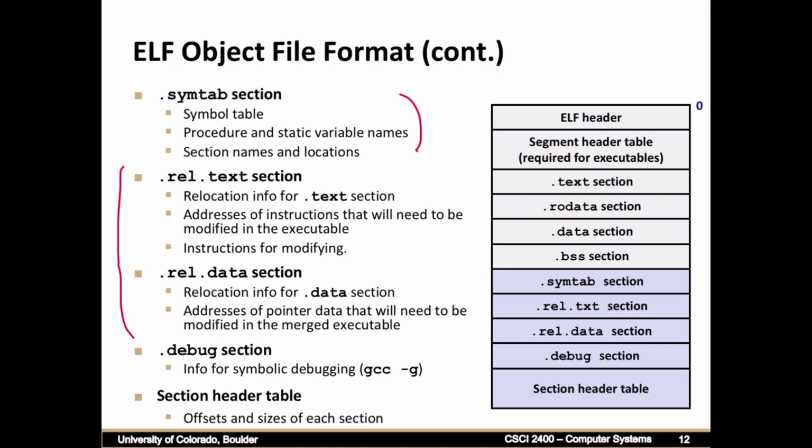Likewise, the relocation data section for data helps organize references to other memory and fix up those references to other global variables. The debug section then contains debug information, so that's only put in there if you compile with the -g flag. And then there's a section header table that again has more information about the section headers.